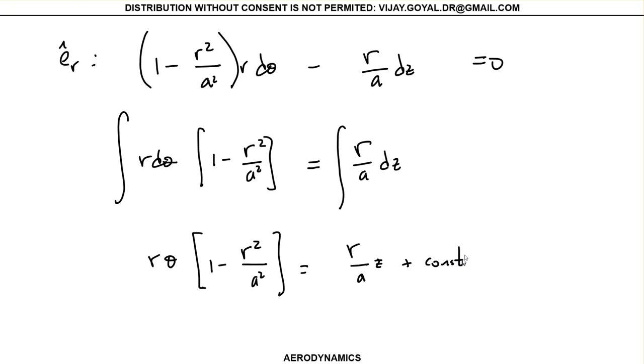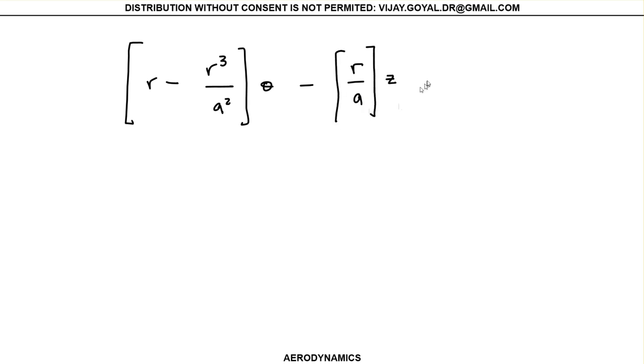Okay, so now I can bring this on this side and watch this. So I can write this whole thing like this: r minus r cubed over a squared, times theta, minus r a z, equal to a constant.